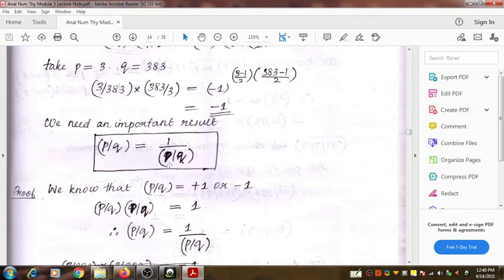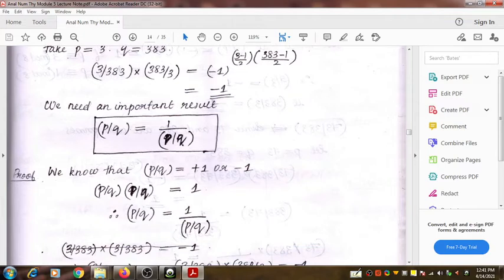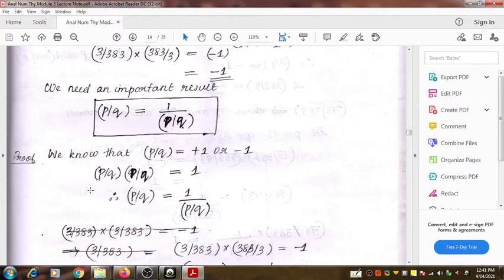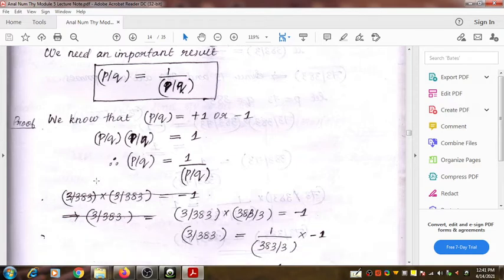We also know that (P bar Q) equals 1 divided by (P bar Q) for values of plus or minus 1.